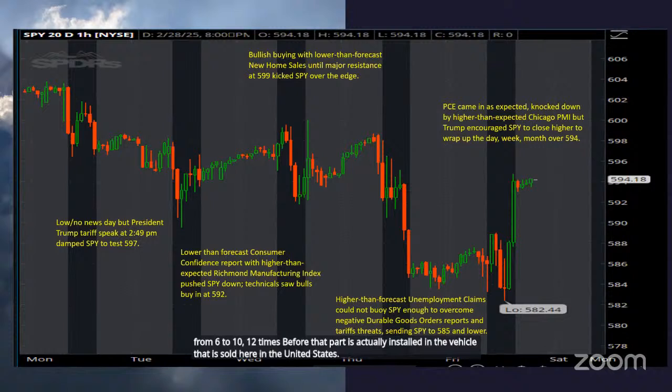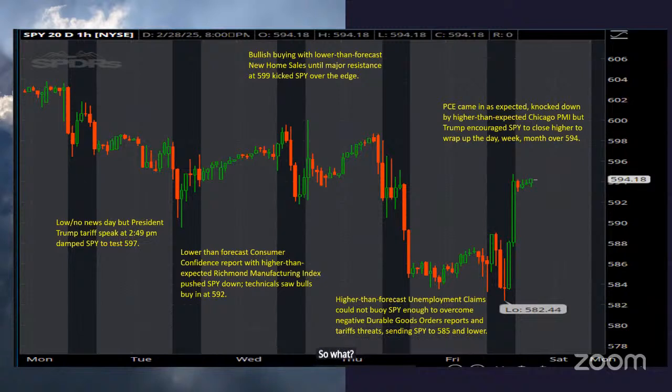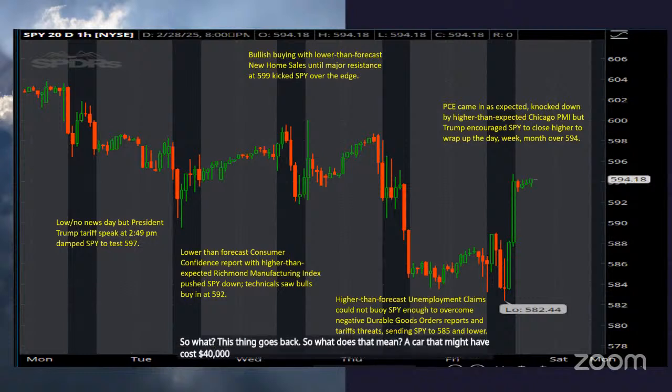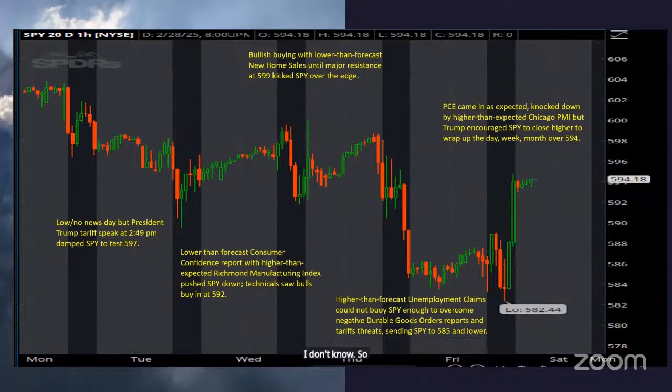You're going to tariff 25% every time this car crosses the border here? And then Canada's going to retaliate with tariffs on the other side, what, 25%? Are they going to do that too? So what does that mean? A car that might have cost $40,000 is now going to be $300,000 or something? I don't know. So obviously that's not going to work, right? And there's a lot of things that way.